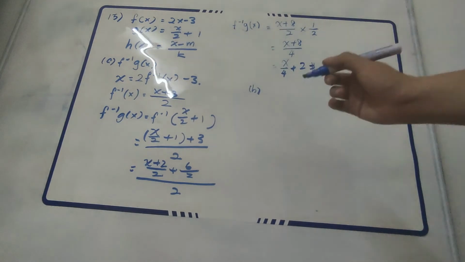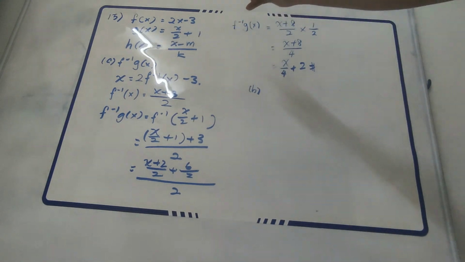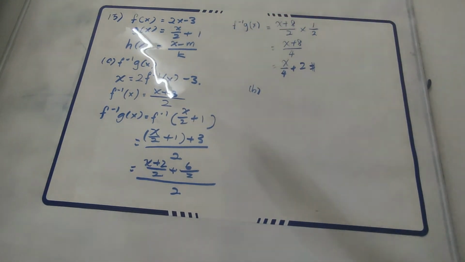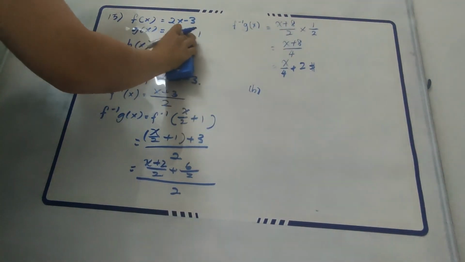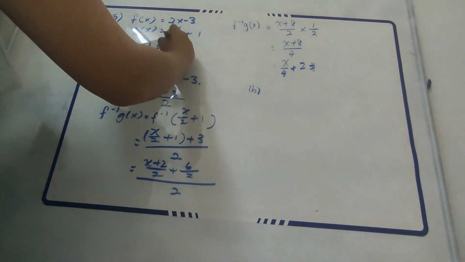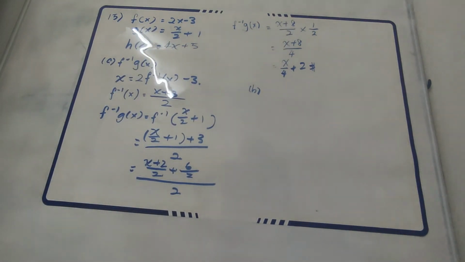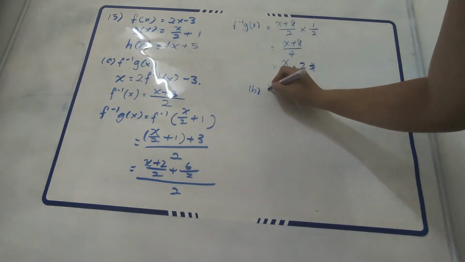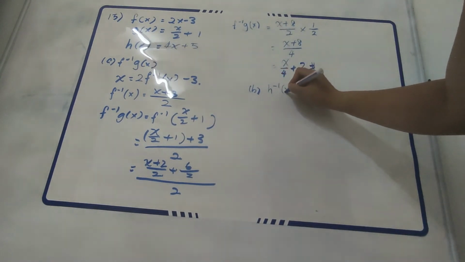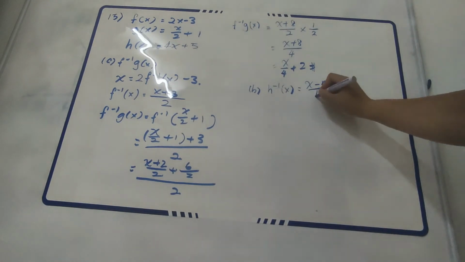Then for part B, they give you h is 4x plus 5, and the inverse function of h equals (x minus m) over k.